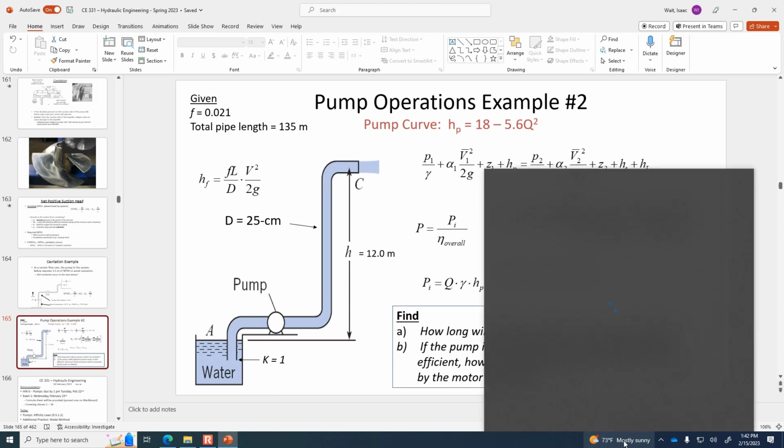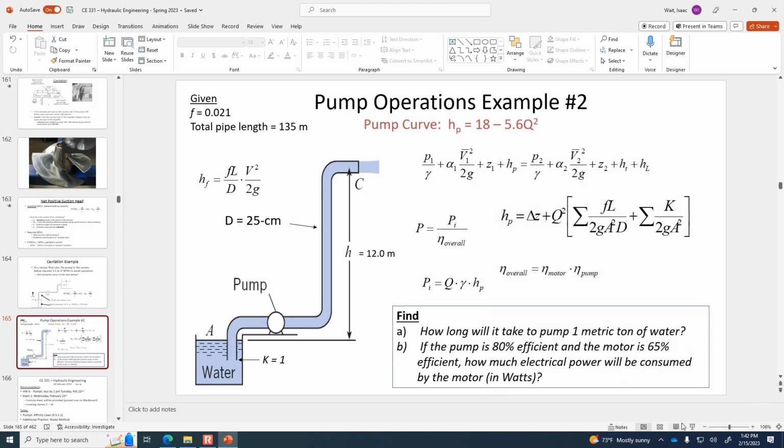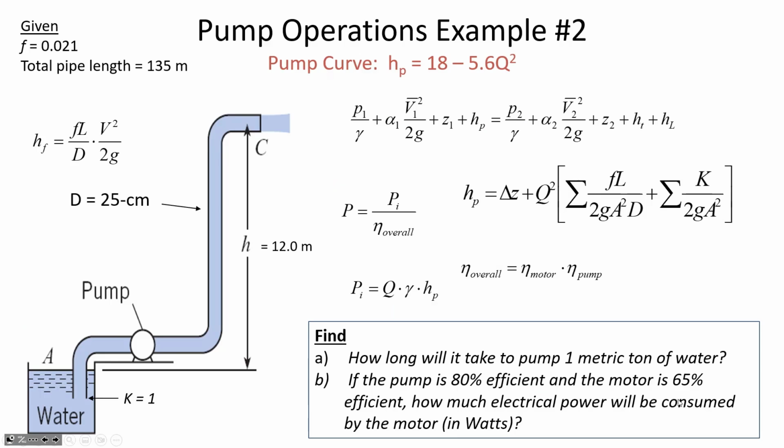Okay, so let's get some more experience with pump operations and finding the operating point. Boy, this slide's a mess. There are just so many equations on here. Let's say that we're given a pump curve, and to make things simple, the system curve.